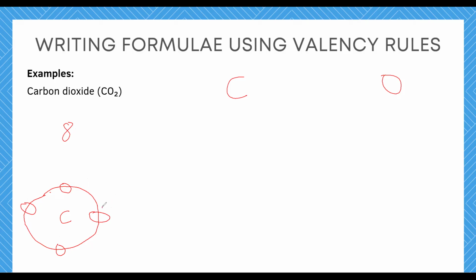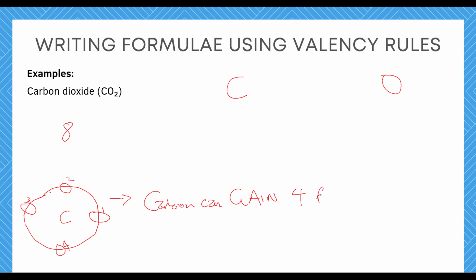How many are here? One, two, three, four. So how many more do you need? Four. Good. So that means that carbon can gain four.